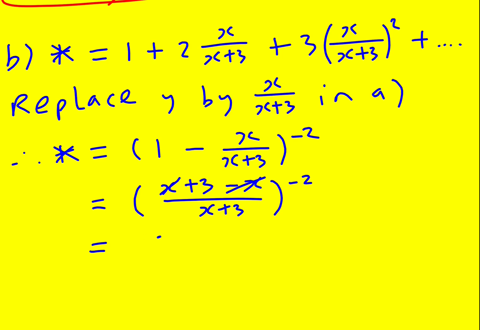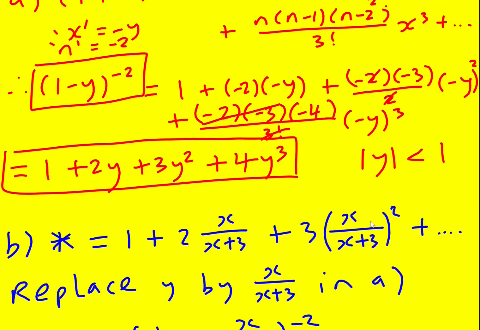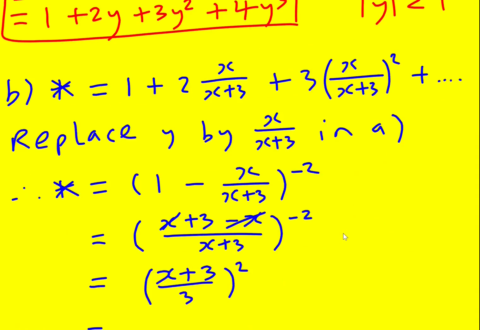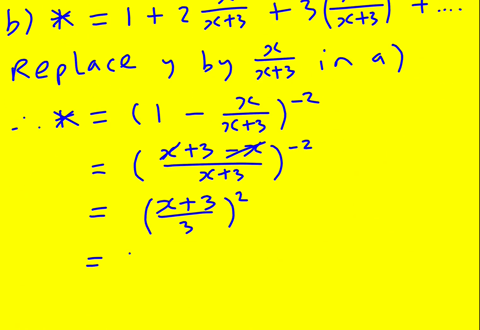So I can flip it around with the reciprocal. It's going to be ((x+3)/3)². And we're nearly there. We just have to write it as 1 + ax, so I can just swap these around. It's going to be (1 + a third x)². A is going to equal a third, and n is going to equal 2.